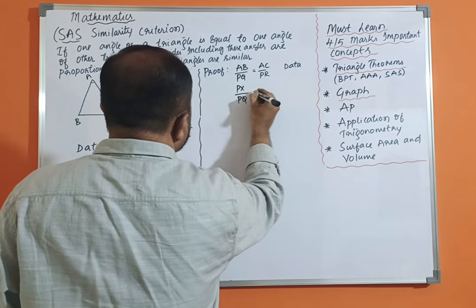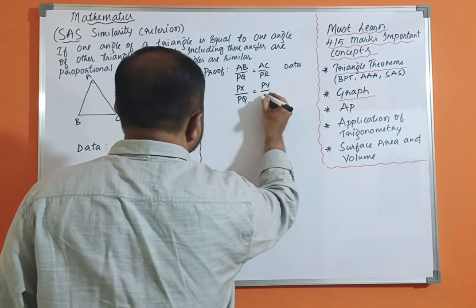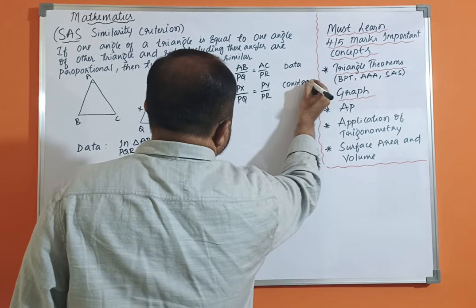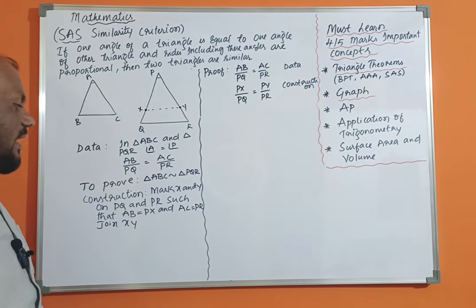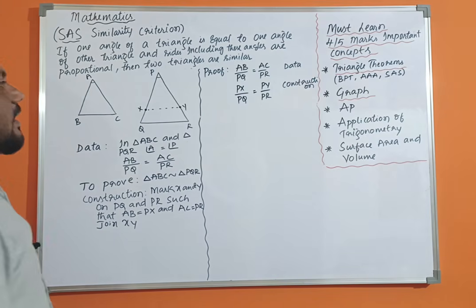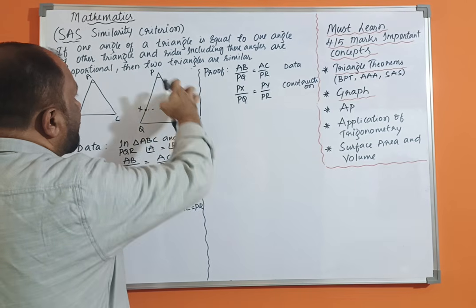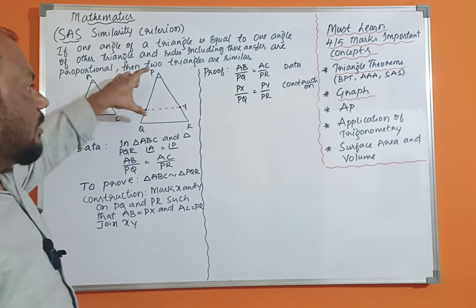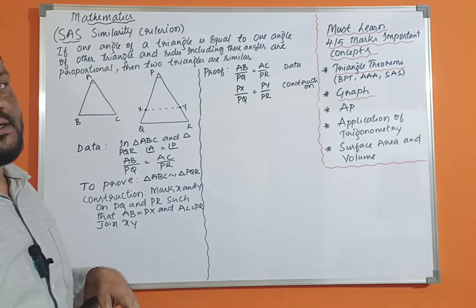PX by PQ is equal to PY by PR, and the reason is construction. We mentioned in the construction that PX is equal to AB and PY is equal to AC. If a line is drawn parallel to one side of a triangle, forming a new triangle, the sides of the new triangles are proportional to the sides of the given triangle.